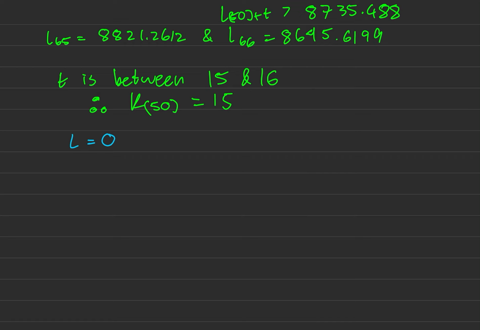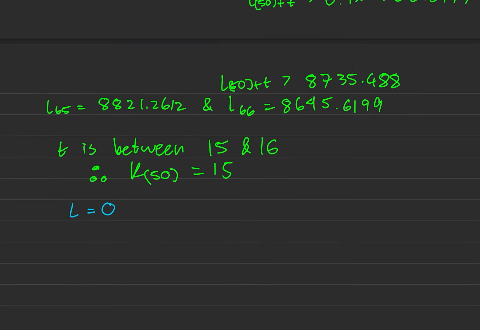So I've accounted for the probability already. I found that the 10% relates to when K50 equals 15. Now I need to calculate the premium where this is the nick point. This is the point where it starts to become profitable, where it breaks even, where the loss is equal to 0. So that means that my loss equals 0.